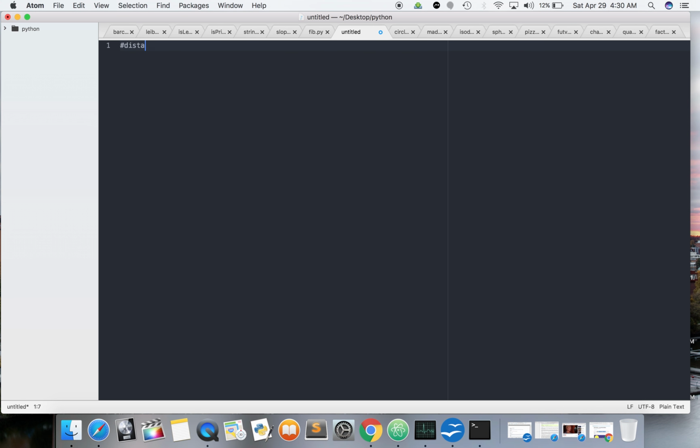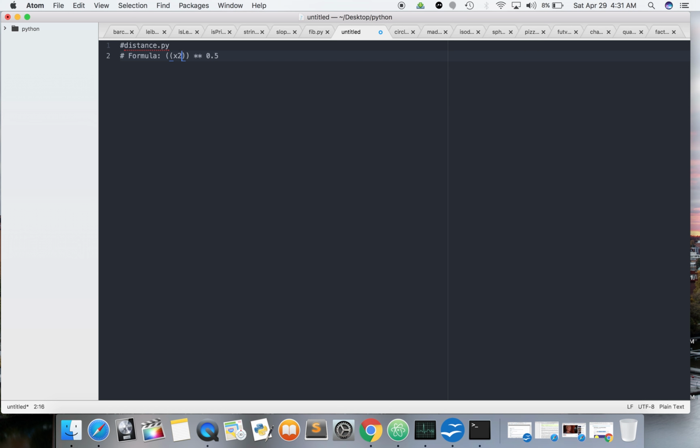So this is going to be distance.py, and the formula is going to be this to the square root of that. So that's star 0.5.